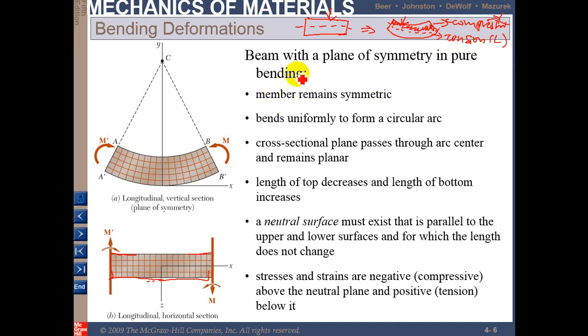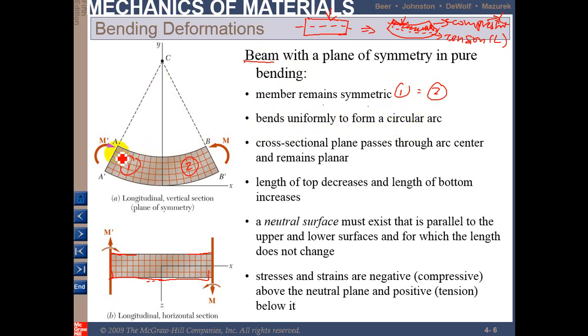For the principle, when a beam is subjected to bending, the member remains symmetric. From this area, 1 and 2 are symmetric, 1 is equal to 2. Symmetry bends uniformly to form a circular arc.